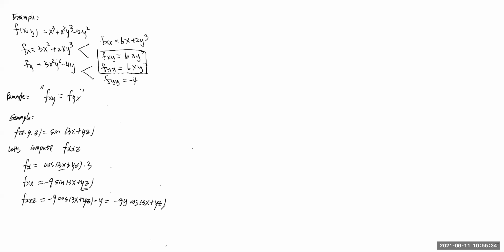Right? I think this is about the partial derivative. So let's make a summary. For functions of two variables and three variables, I will not emphasize; you have to know it by yourself. We have fx, fy. We can write it in this form, or some books write it in this form, because there are so many notations. It's not my fault. fx, fy, this is called the gradient, right?